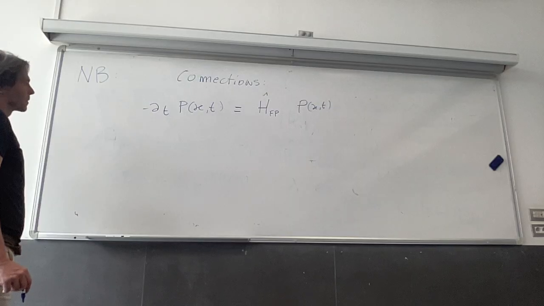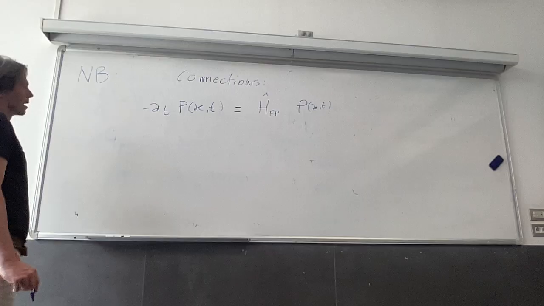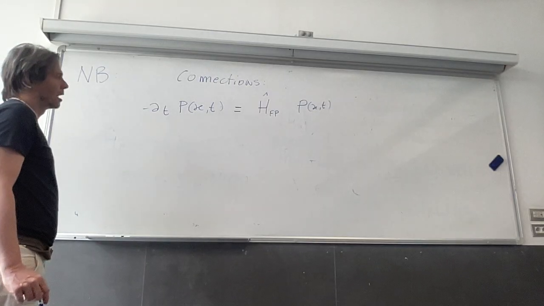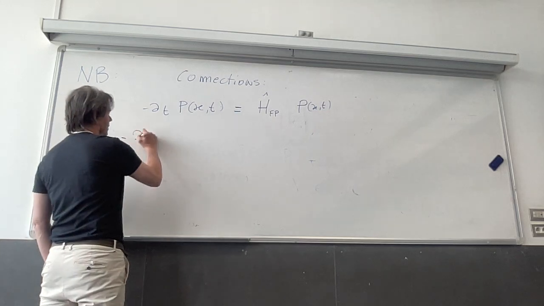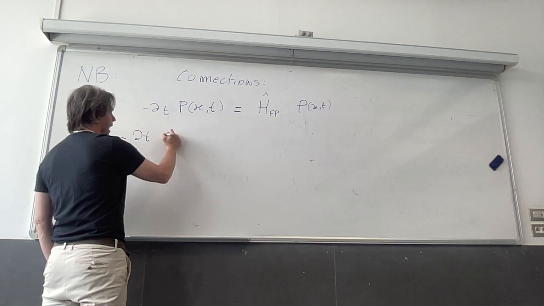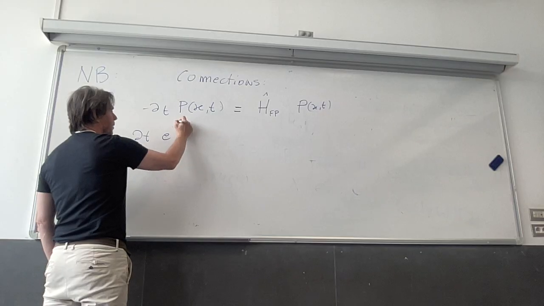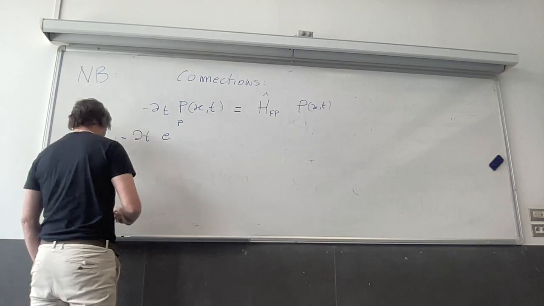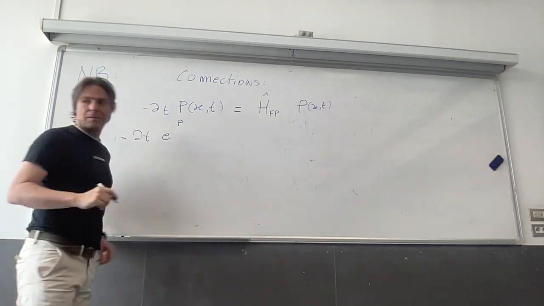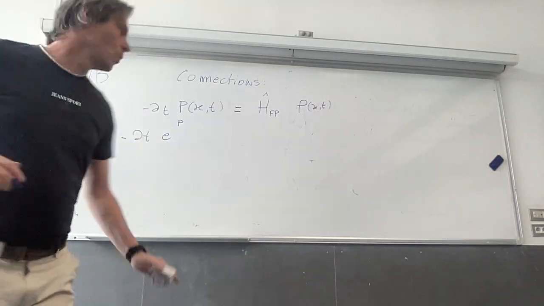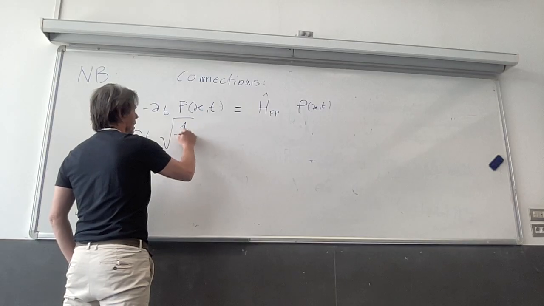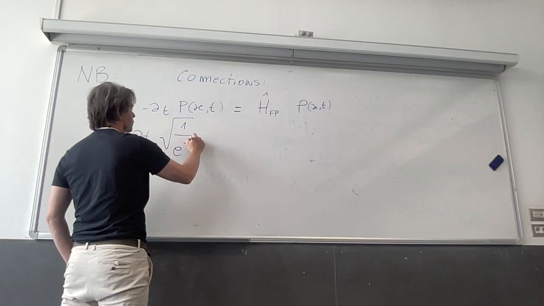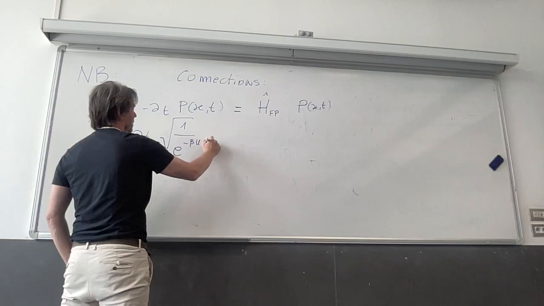Well, I'm going to write this equation as negative d by dt, and I'm going to multiply this by the, well, you can say multiply or divide. One way to see that is to divide by the root of the Boltzmann, by the Gibbs weight.